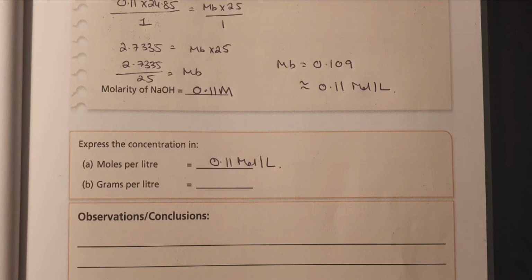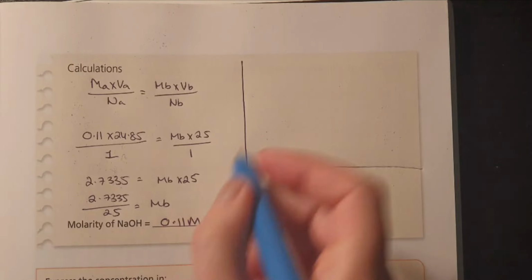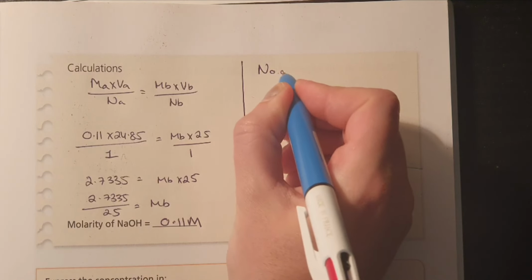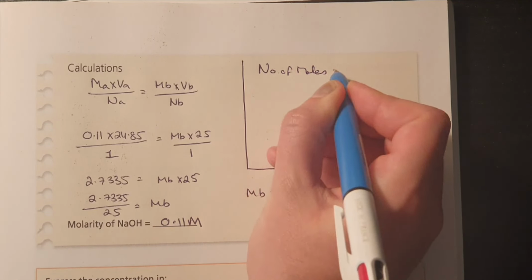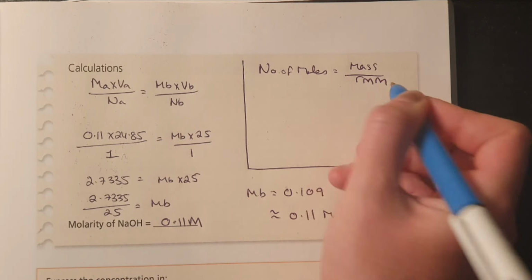And then in grams per litre, if you want, we can come back up here and do a little section to convert to grams per litre. We're going to use this formula: number of moles equals mass over the relative molecular mass.